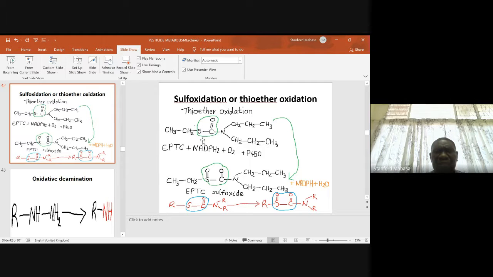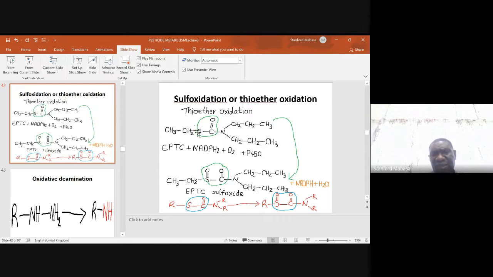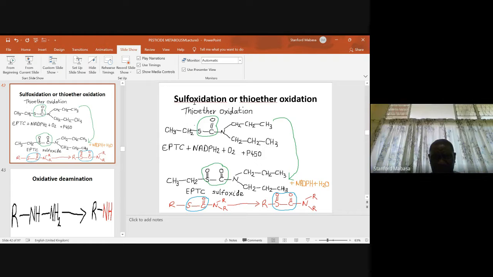Now, EPTC happens to have this S. So we'll add oxygen where there's S, and the process is known as sulfoxidation or thioether oxidation, and this is under the influence of cytochrome P450.